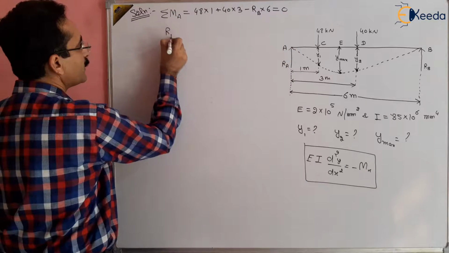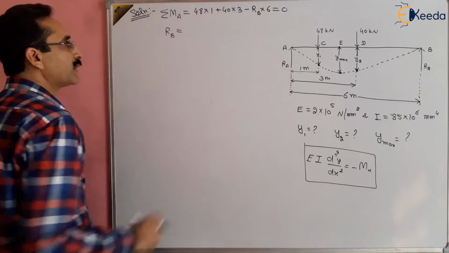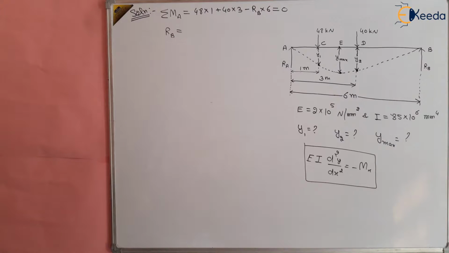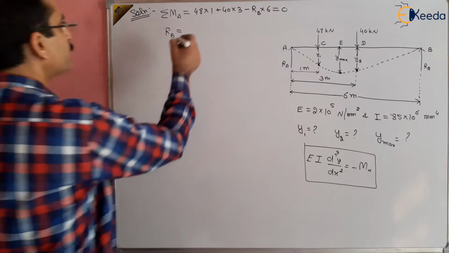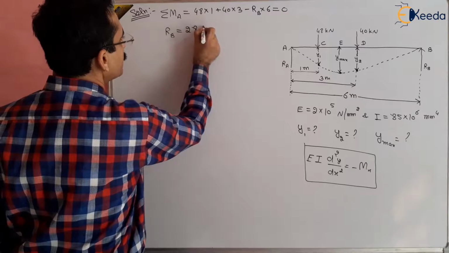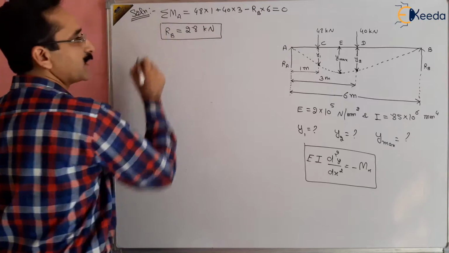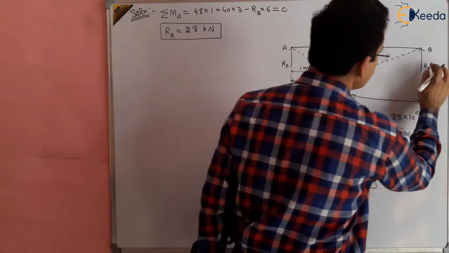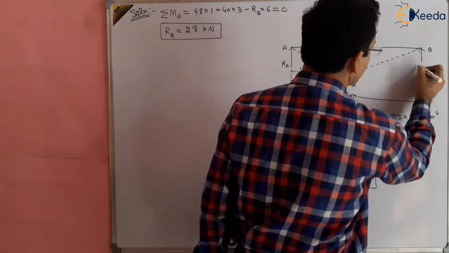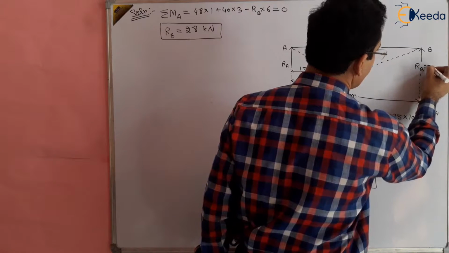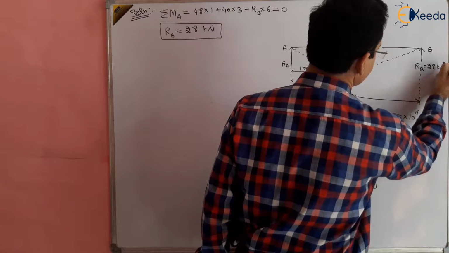Solve it and you will get the value of RB, and it will come out to be 28 kilonewton. So RB comes out to be 28 kilonewton.